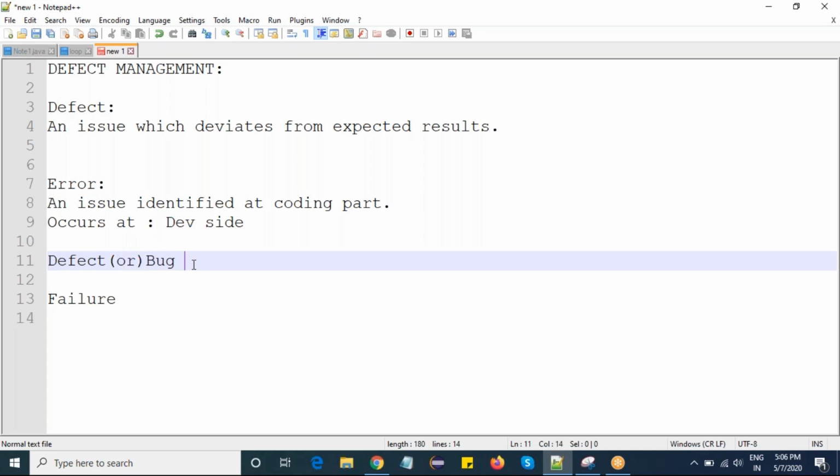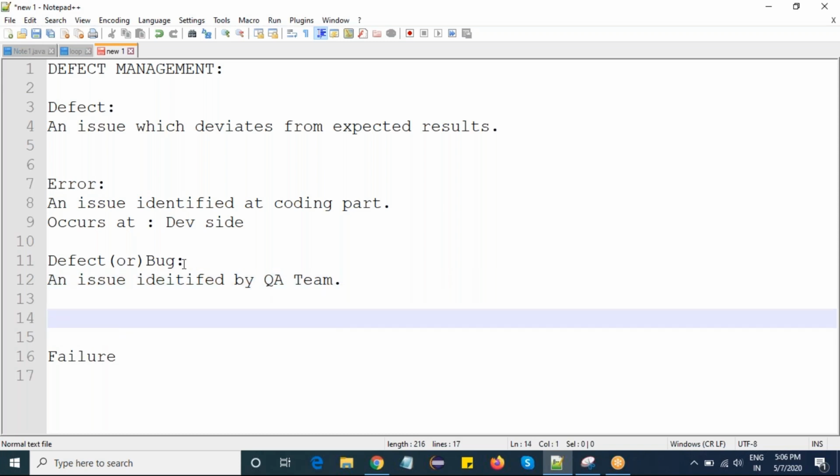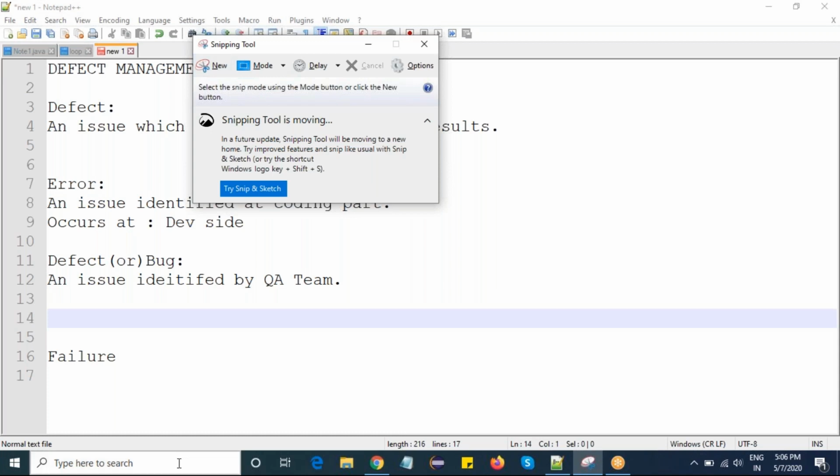What is a defect? Yes, we know: an issue identified by the QA team, the testing team. They call it a defect. Let me give you a diagrammatic approach, and then it will be understandable to you.